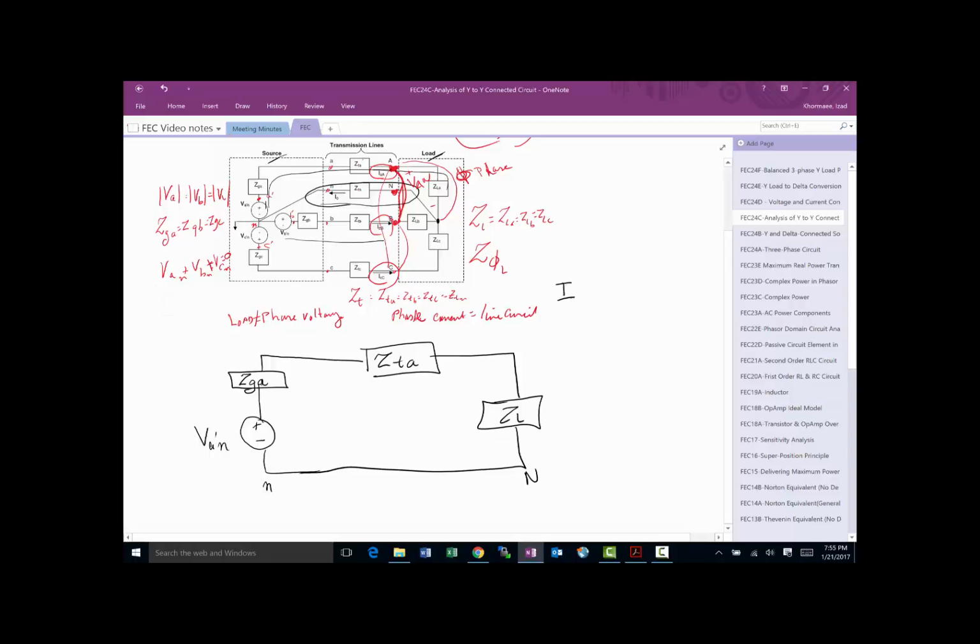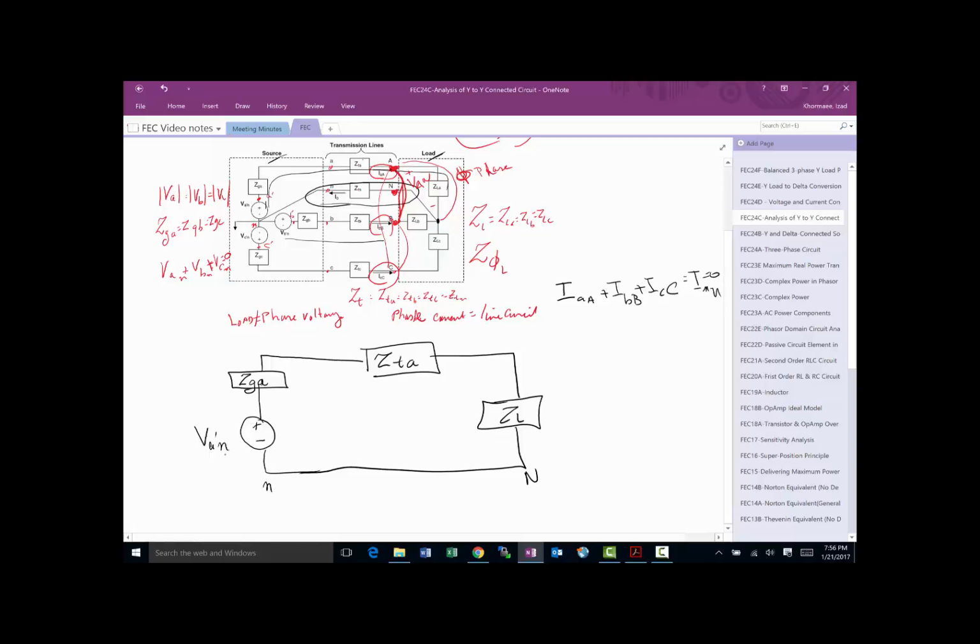We can say that IAA plus IBB plus ICC in a balanced circuit is equal to IN, and it's equal to 0. So the neutral side in a balanced circuit will have 0 current flowing through it. I'm only going to have current through it if something has failed. So therefore, we don't have to show ZTN.